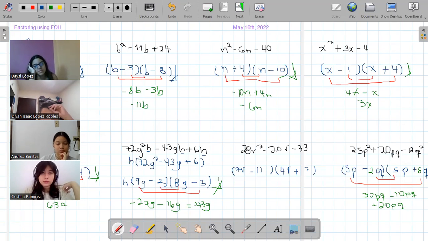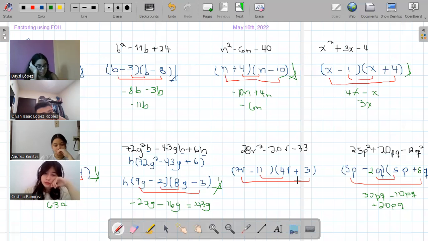Now we try with FOIL to multiply this, and we're going to check if those are the numbers that I needed. Maybe yes, maybe not. 7r times 3, positive 21r.